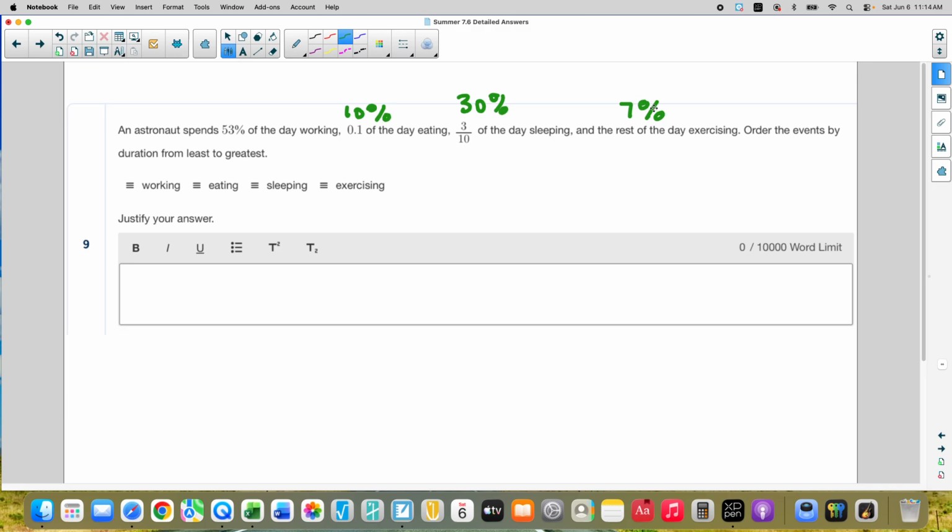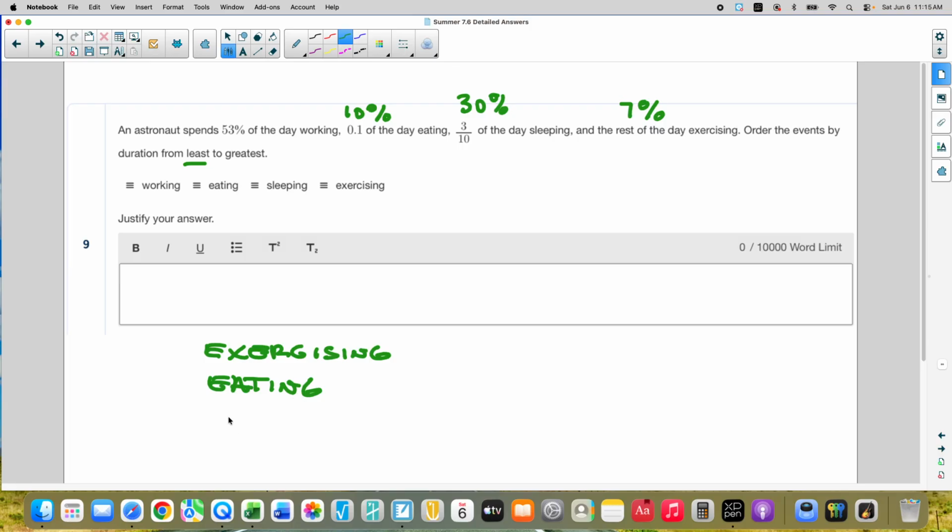Order the events by duration from least to greatest. Justify your answer. So least to greatest. So least would be resting. The rest of the day exercising, sorry. So the least would be exercising. The next one would be eating.